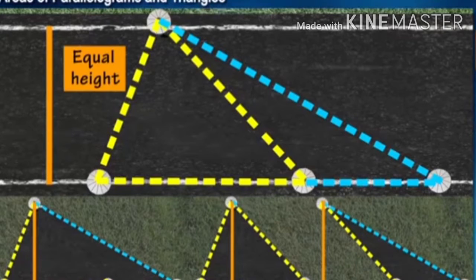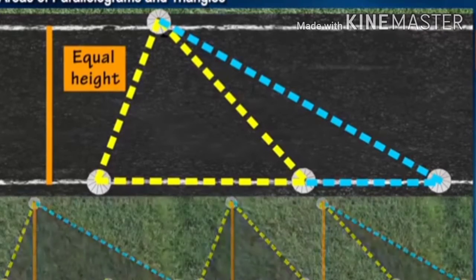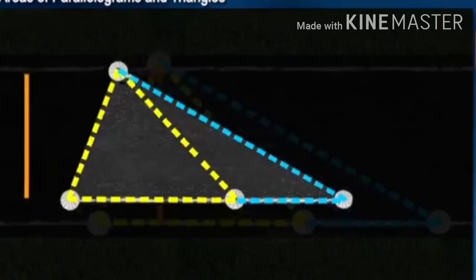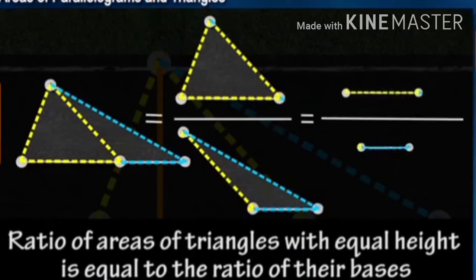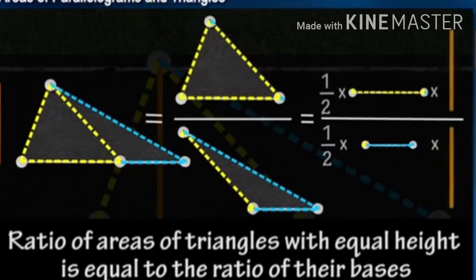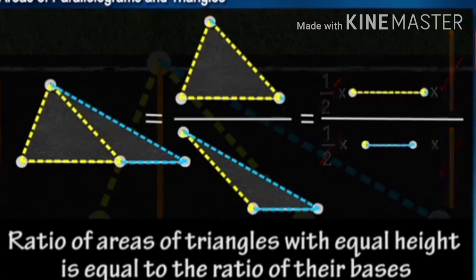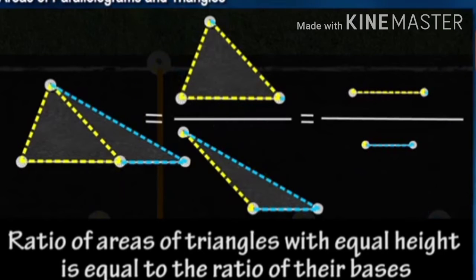And when we find the areas of these triangles, their areas will not be equal. But the ratio of their areas will be equal to the ratio of their bases. Because when we take the ratio of areas, the constant value half and the height will get cancelled out, and the remaining thing will be the ratio of the bases.